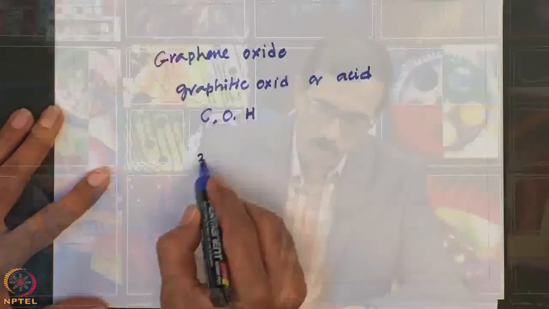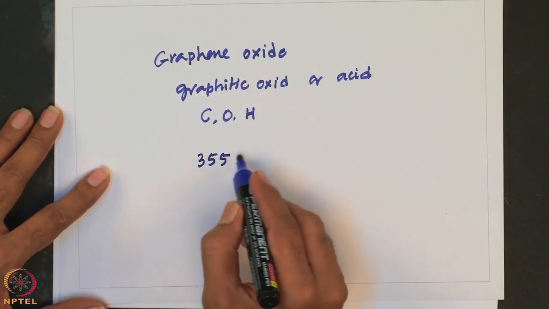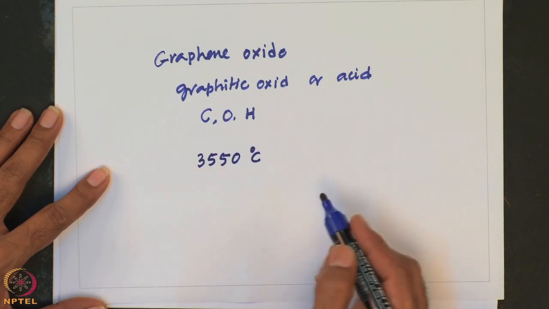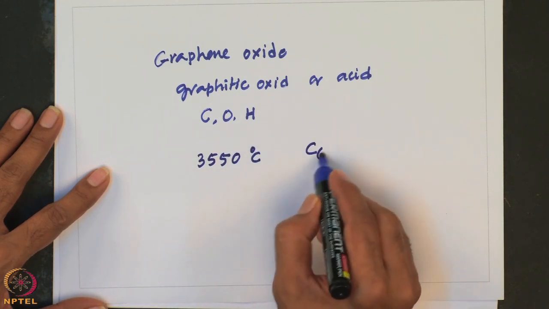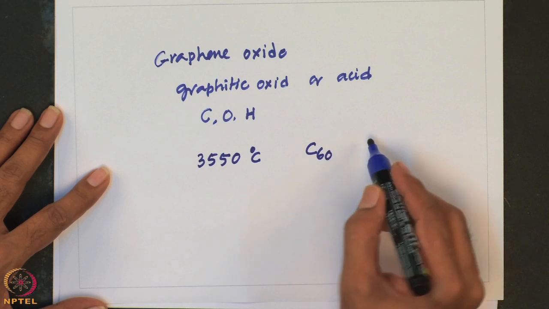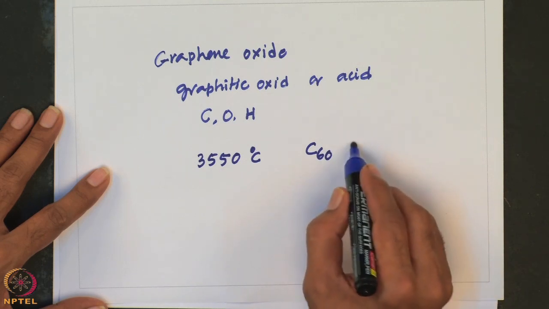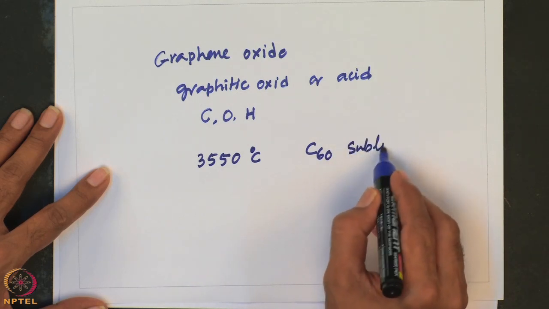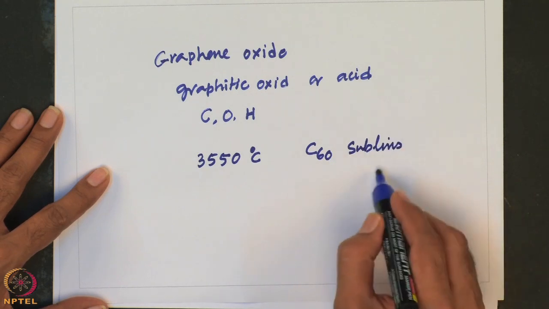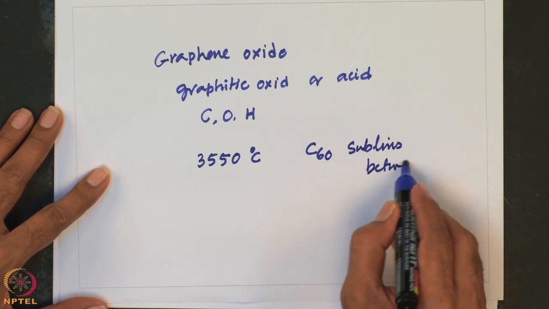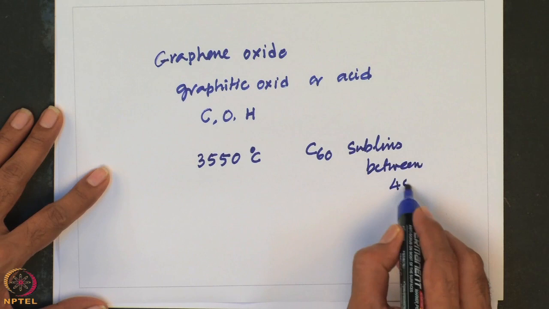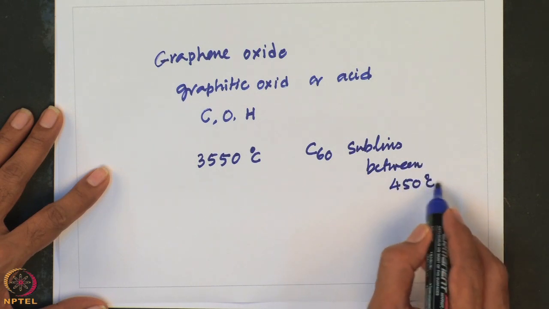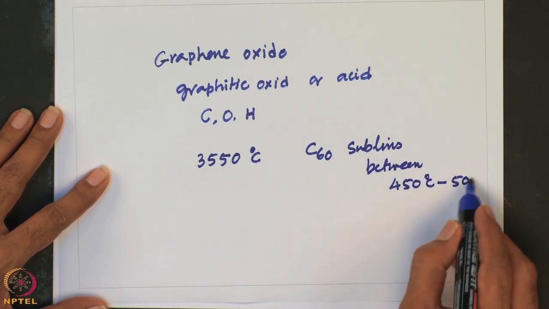The melting point of diamond and graphite is greater than 3550 degrees centigrade, but carbon 60 sublimes between 450 degrees centigrade to 500 degrees centigrade.